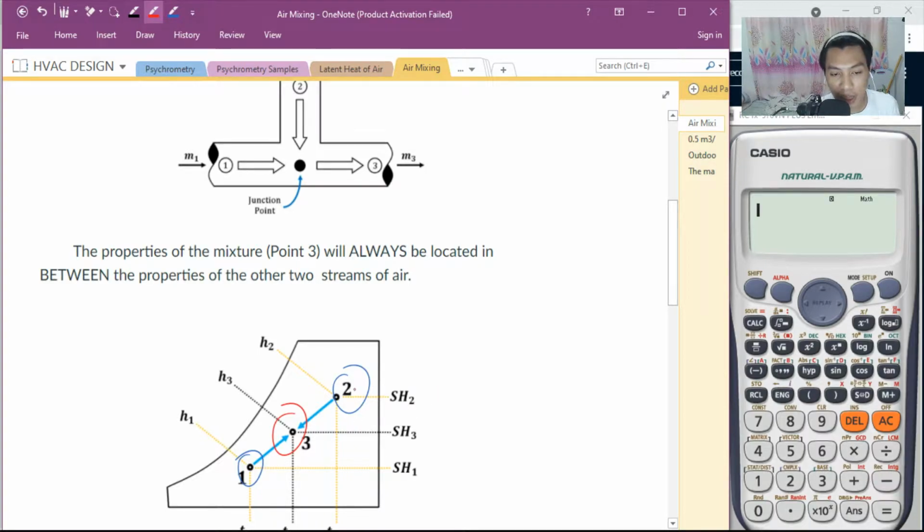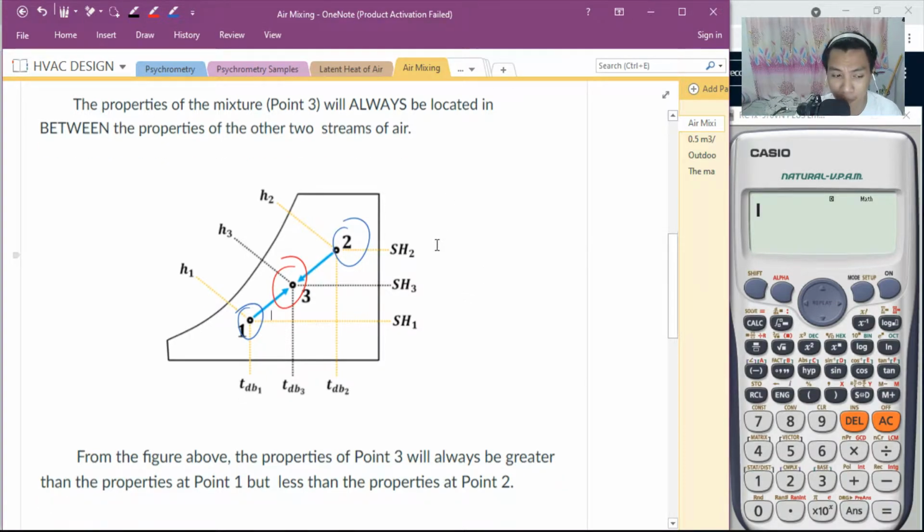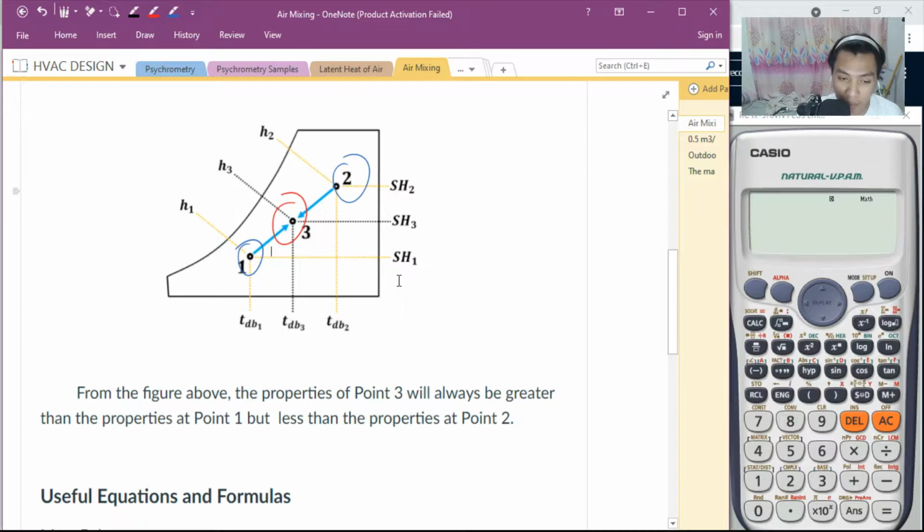Kung meron sila mga parameters dyan, might as well yung 3 can be determinable by plotting. But how about we can never plot it? Oh, hindi natin siya naipa-plot. Wala tayong psychrometric chart. Now, from the figure above, the properties of 3 will always be greater than the properties of 1, but will always be less than the properties of 2.